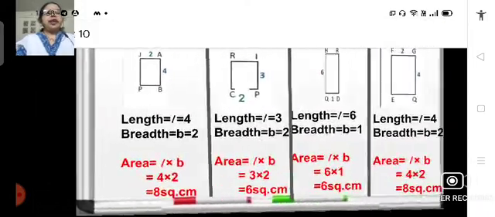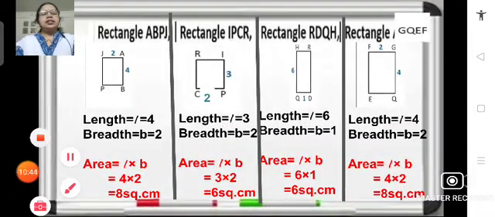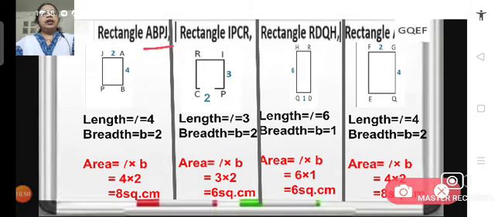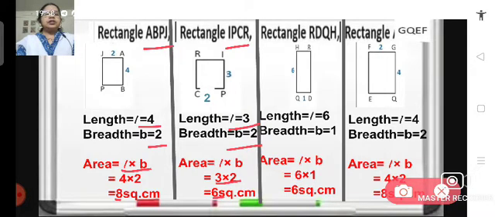Now we can find the areas of these rectangles, isn't it? So, in the first rectangle from the right side, ABPJ, length is 4, breadth is 2. So, area will be length multiplied by breadth, 8 square centimeters. In the next rectangle IPCR, the length is 3 and breadth is 2 centimeters. So, area will be 3 multiplied by 2, 6 square centimeters.